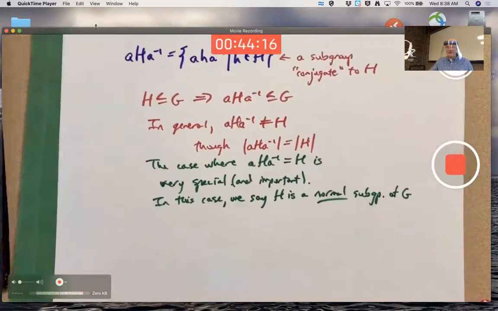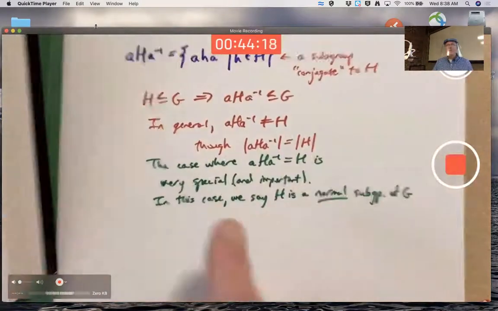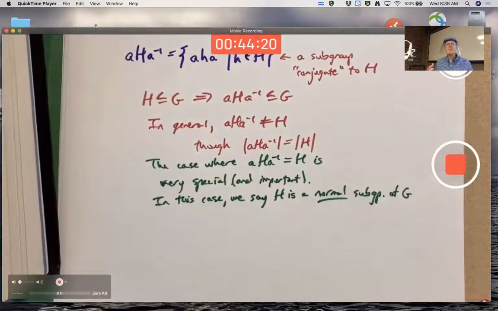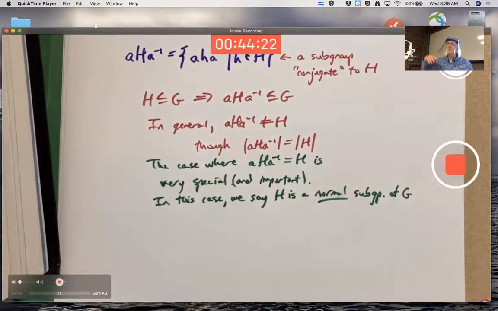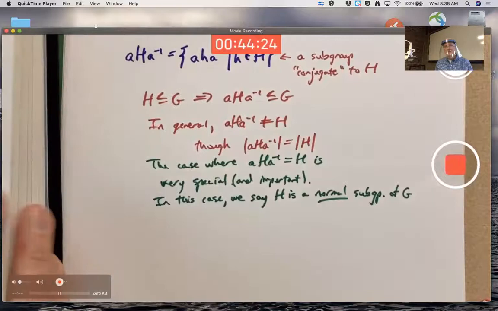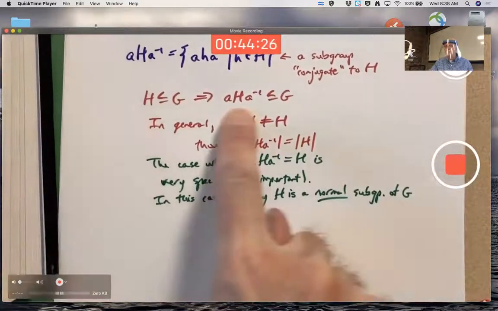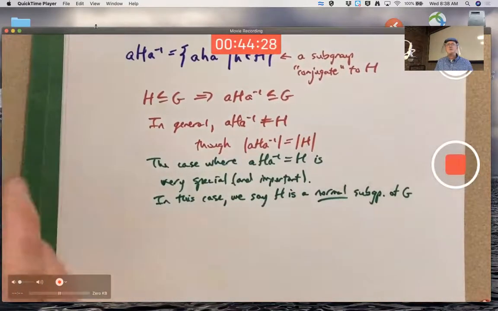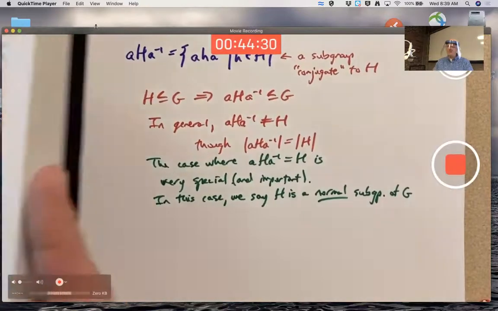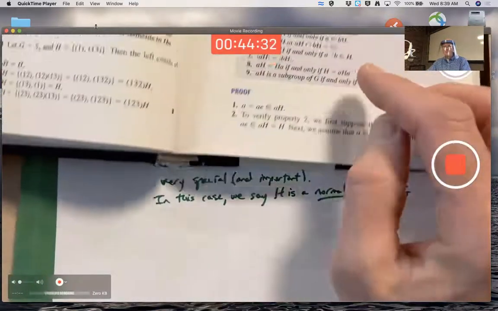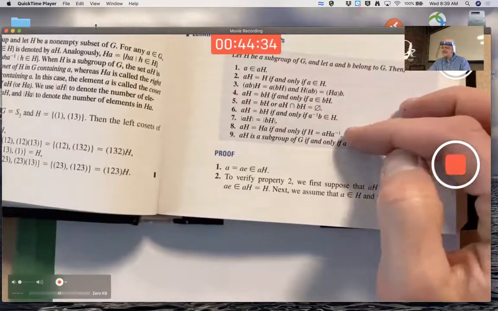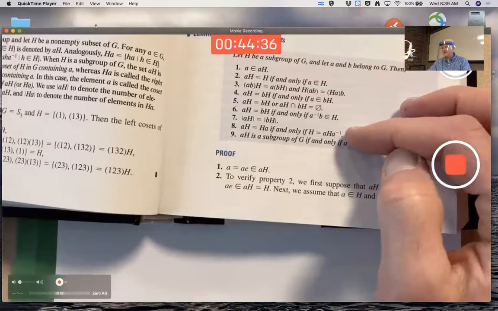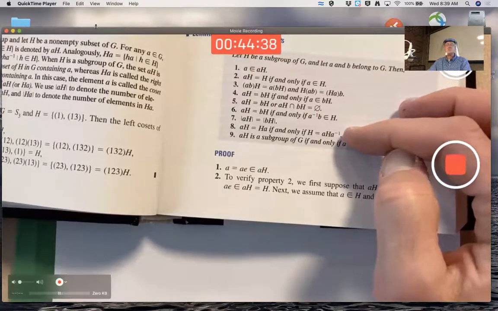Okay, that's just some background, but I would encourage you, as one thing you do in your reading time before Friday or maybe before Monday after spring break, to try to verify that this is a subgroup when H is. And so property 6 gives two equivalent conditions for when H is normal.